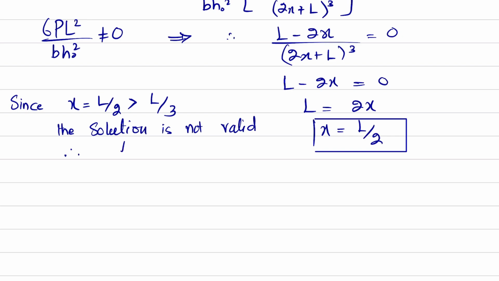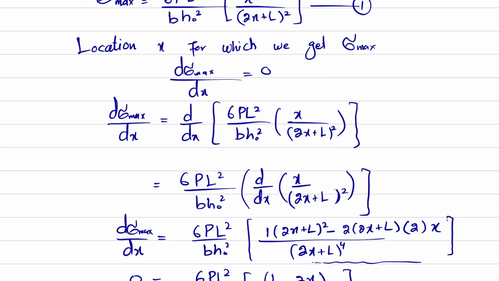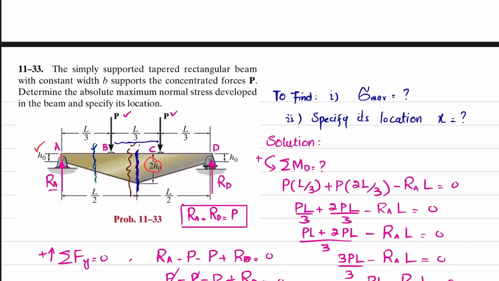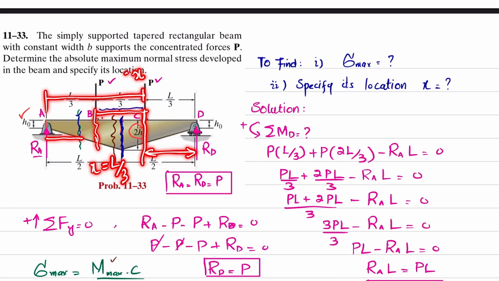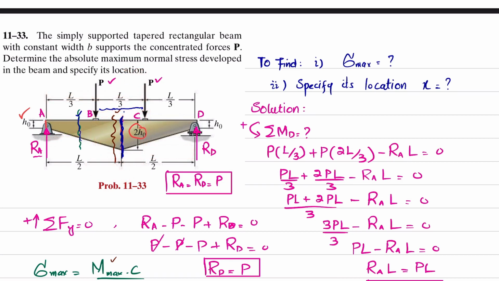Therefore maximum bending stress occurs at x equal to L by 3 or x equal to 2L by 3. So let me show you. At x equal to L by 3 you have a maximum bending moment at this position, and if you are taking from the other side, this distance will be 2L by 3.